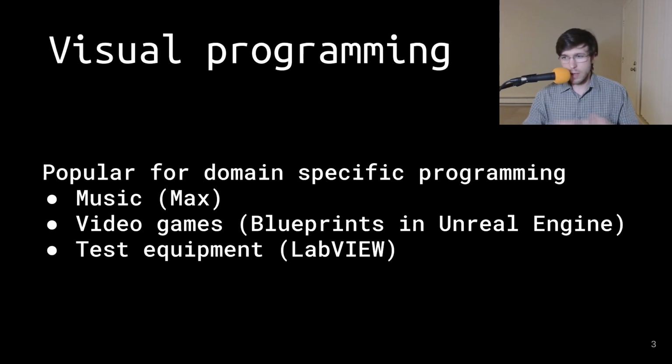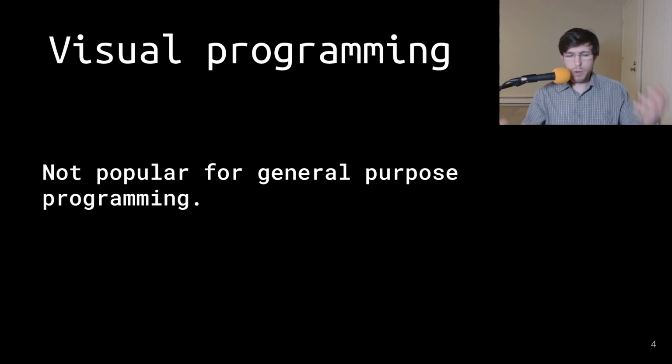And one of the existing tools for this is visual programming languages and visual programming environments. But so far, these have been limited to specific domains such as music or video games or test equipment. And I want to make a tool that, like a general purpose textual programming language, enables anyone to do anything with the computer.